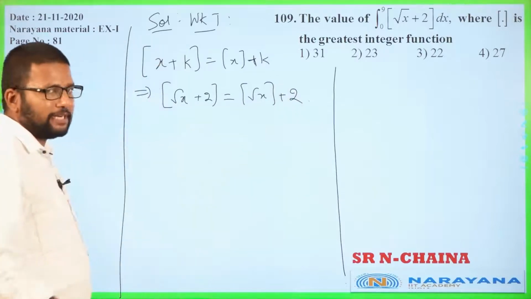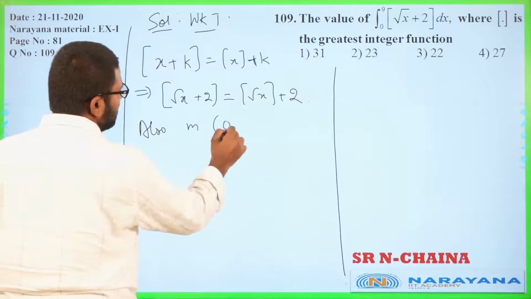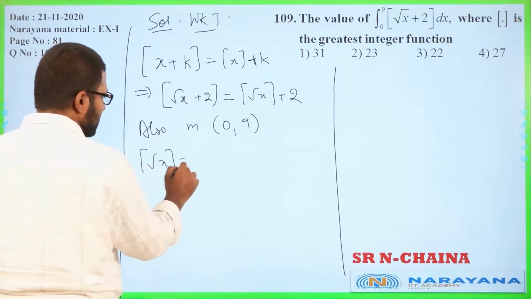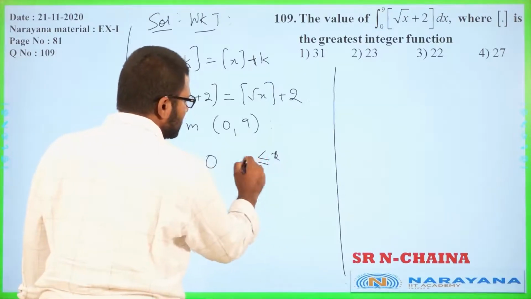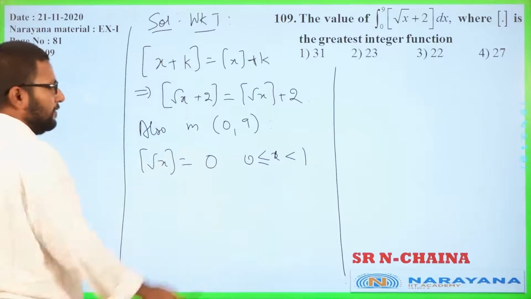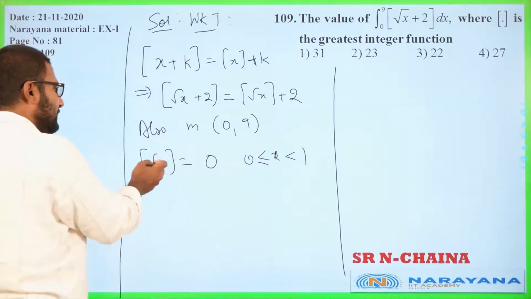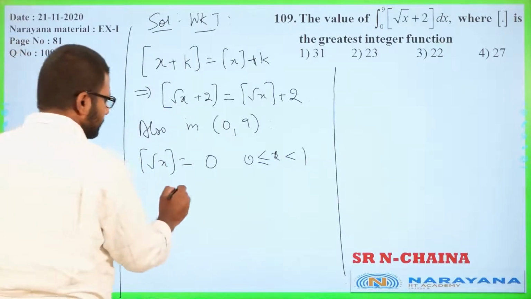That is the first understanding. Also, in 0 to 9, step of root x will be 0 at some places. Where? When x lies between 0 and 1, root x will also be between 0 and 1, and therefore its step will be 0.